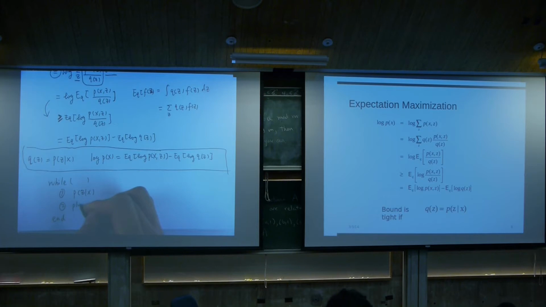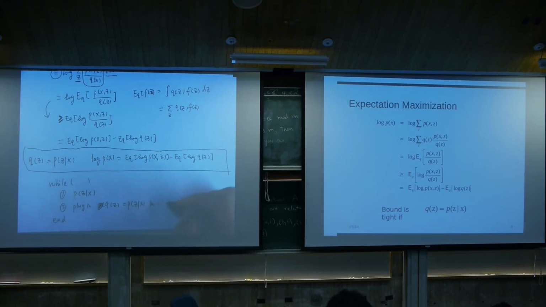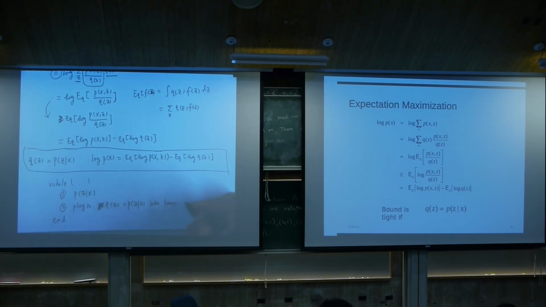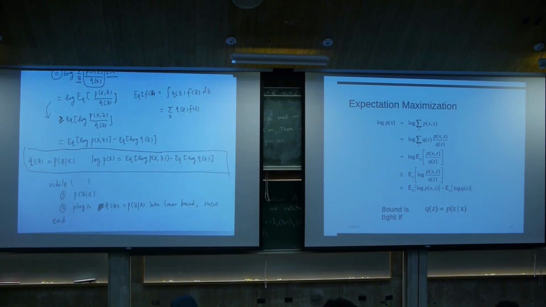Because if Q(Z) equals P(Z given X), the lower bound is equal to log P(X). So this step guarantees that you are still maximizing exactly the log likelihood, your original objective function.